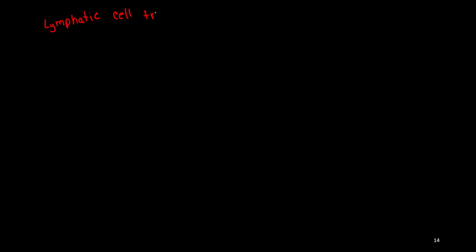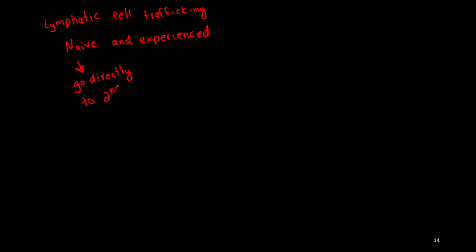Now, when it comes to lymphatic cell trafficking, so that's the T cells and the B cells that are going to come into the lymphatic system, it's going to be different between naive and experienced cells. So naive cells are going to go directly to secondary lymphatic vessels.